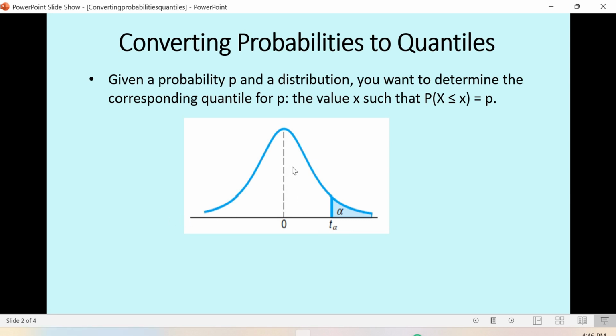Because alpha we can define, for example, as 0.05, a very small number, this white area has 0.95 in probability. So we call the cumulative probability for this quantile value 0.95.